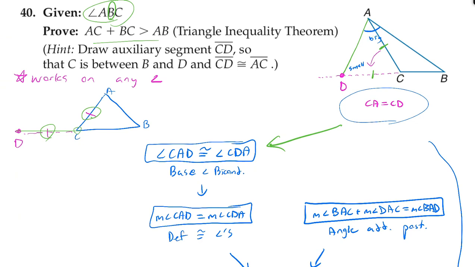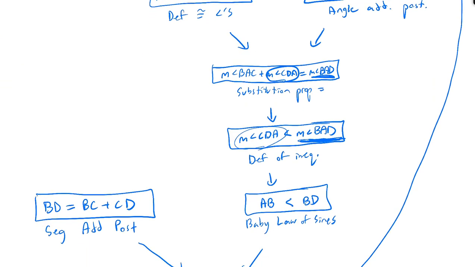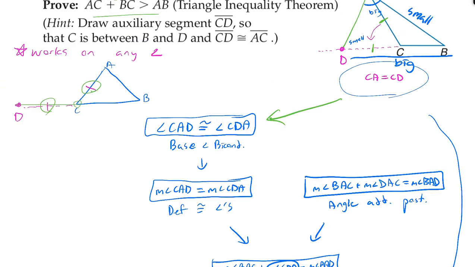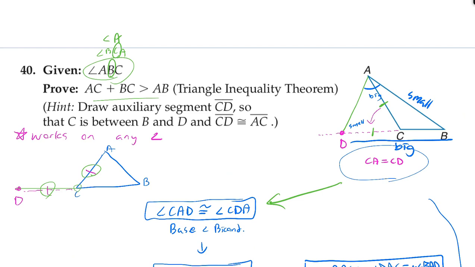So yeah, we got big and small, but that means this side is big compared to this side is small. That's our little law of sines, right? So now we could say BD is bigger than BA. Got it? But then over to the side, the way we constructed this segment, this whole thing on the bottom, BD, is just BC plus CD, right?